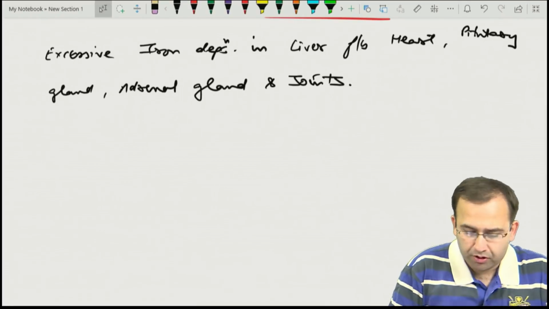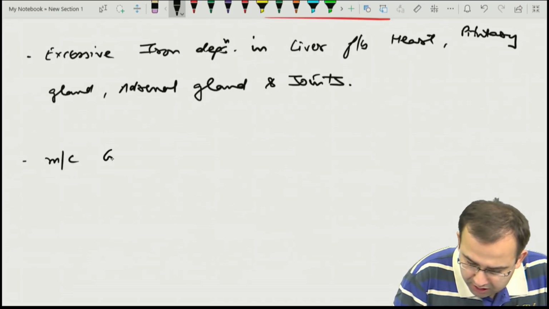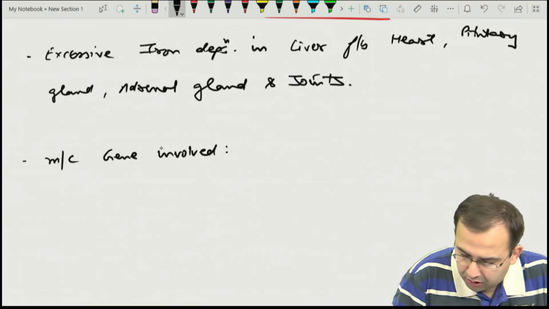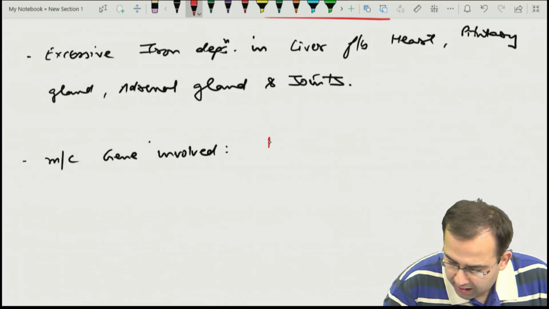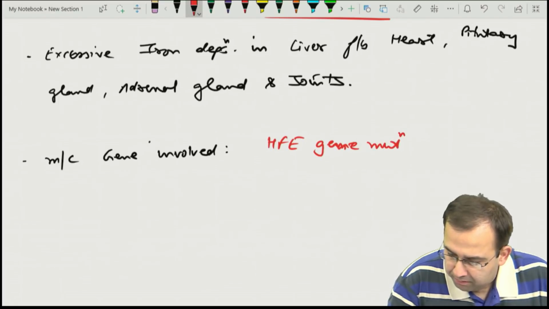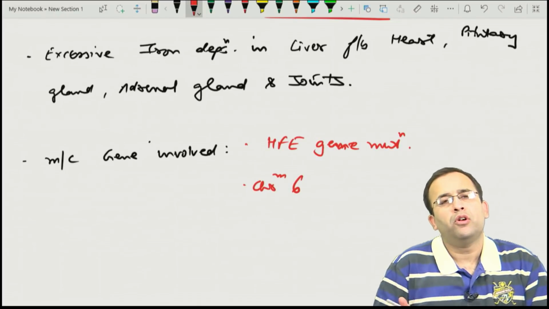Next, hemochromatosis, the gene involved. The most common gene involved in hemochromatosis is the HFE gene mutation. It is the HFE gene mutation present on chromosome 6. Short arm, long arm?